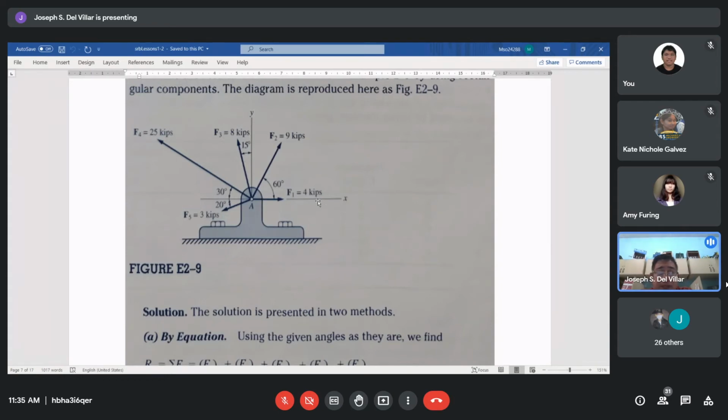Yung 9 kips is 9 kilopounds, or that is equivalent to 9,000 pound force. Okay? So F1 is along the x, so 0 ang kanyang y. Okay? And the x component is already equal to 4 kips. Hindi nyo na kailangan maglagay pa dito ng cosine. Okay? Because it is already lying on the x. Wala kayong multiplier dyan.